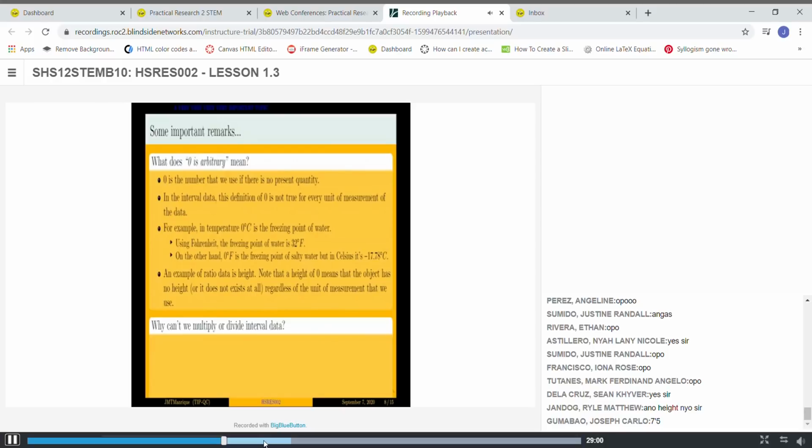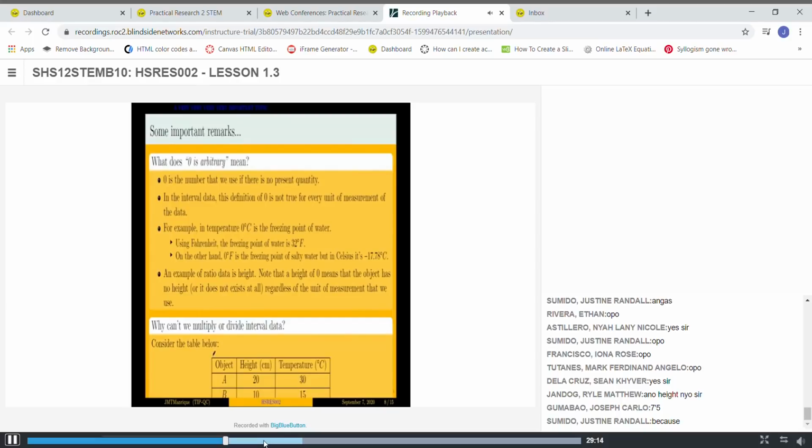Oh. Why can't we multiply or divide interval data? Bakit bawal? Now, let us consider this example. Meron tayong dalawang object dito, si A at saka si B. So, given yung height and yung temperature ni A and B. So, A is 20 centimeter and 30 degrees Celsius.